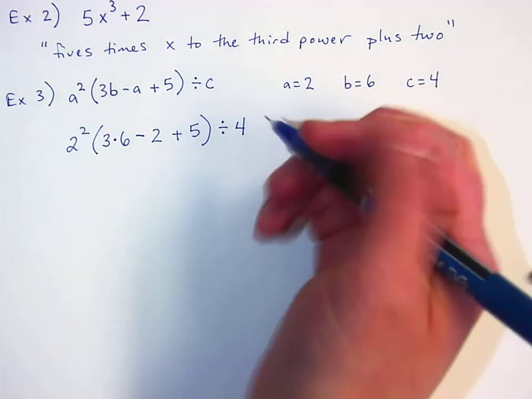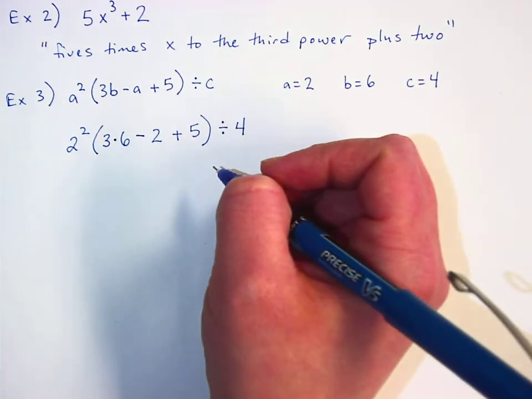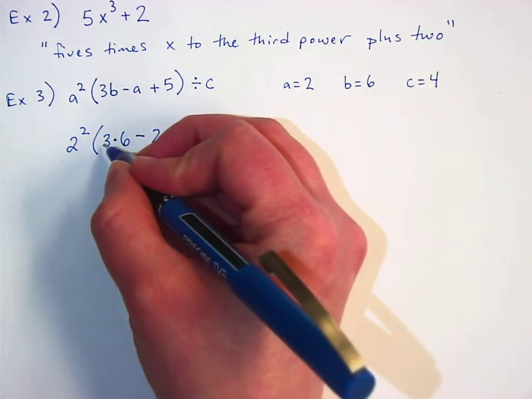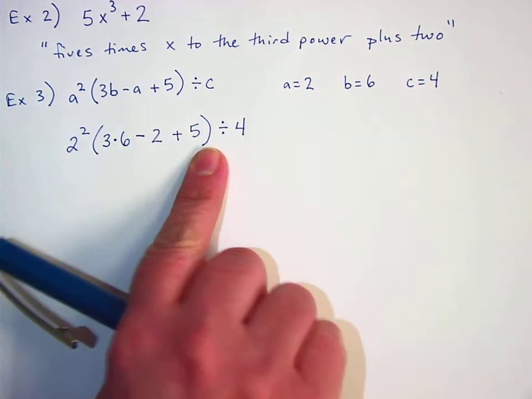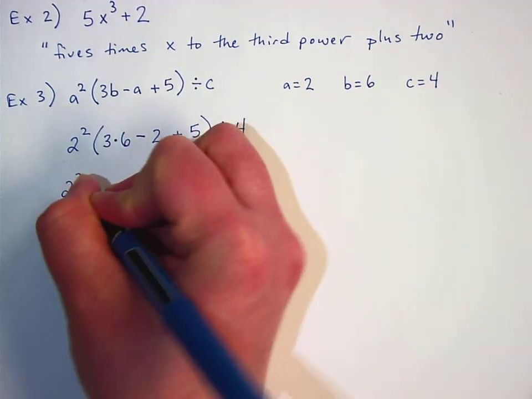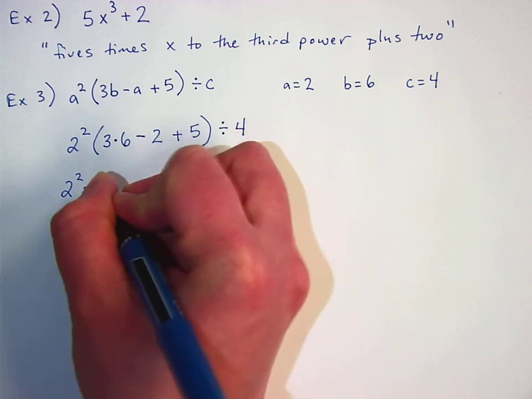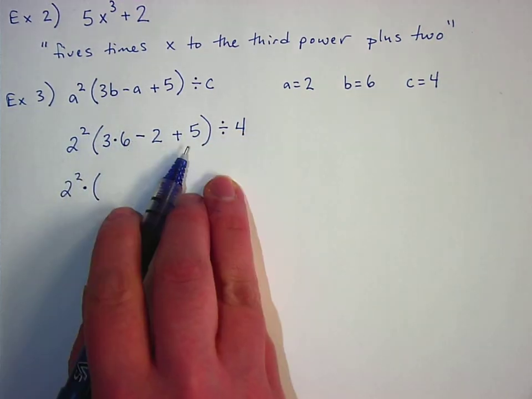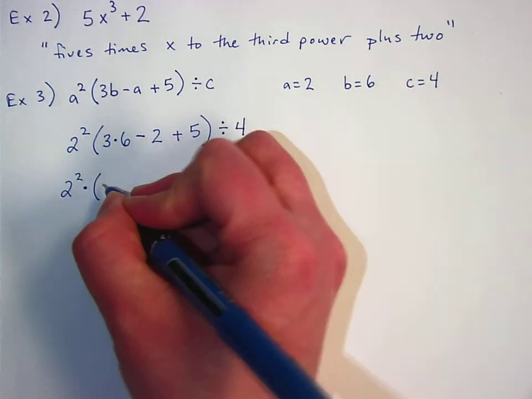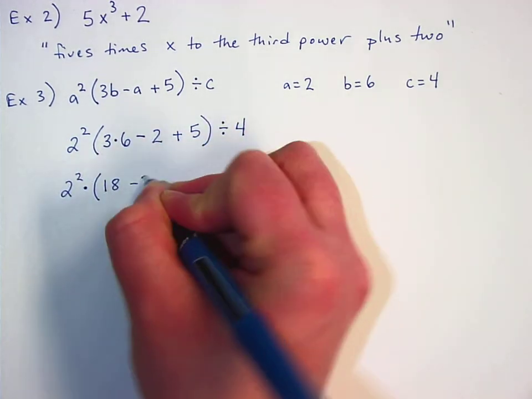Okay, I'm assuming you tried it. So the first thing I have to do with PEMDAS is order of operations. And P is parentheses first. So I'm going to ignore this 2 squared. And in here, it looks like there's some multiplying, some subtraction, and addition. So I'm going to do the multiplying first. 3 times 6 is 18.